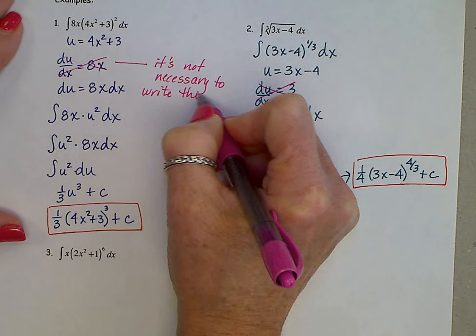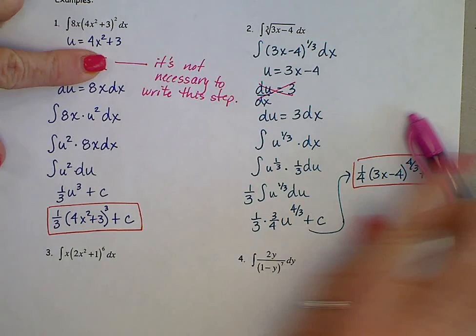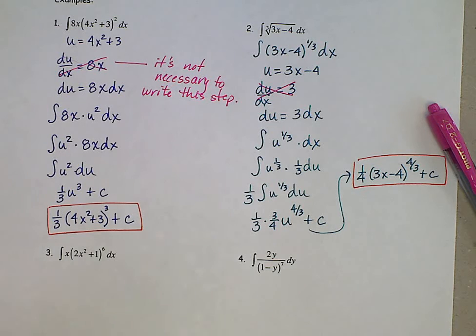It's not necessary to write this step. We can just go right to the derivative. You just have to remember when you do the derivative du dx that du comes down and the dx is on the other side. It's kind of doing that derivative and multiplying through by that dx all at once.